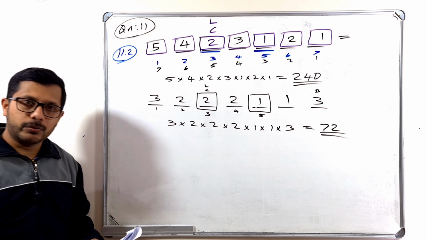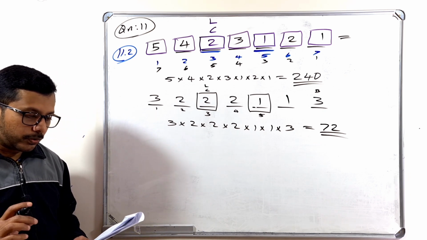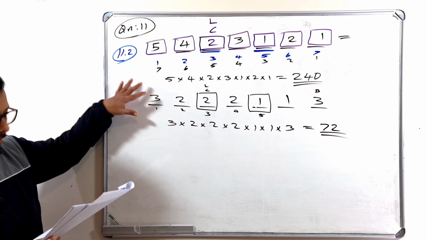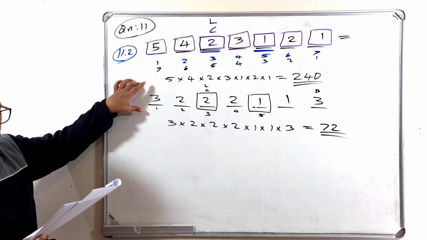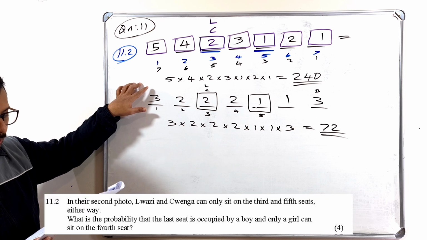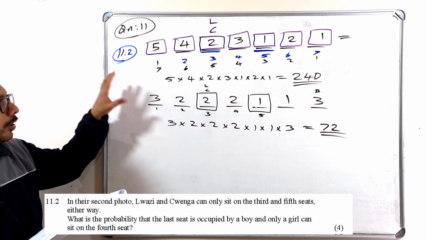Now look at the question once more. What is the question? What is the probability that the last seat is a boy and the fourth seat is a girl? You have to find the probability.